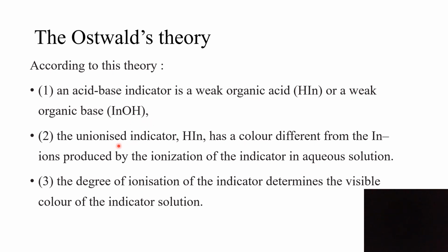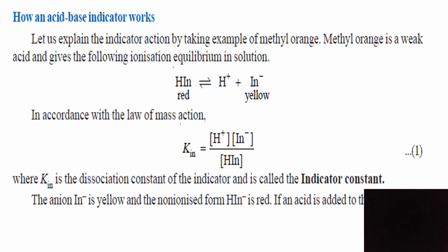The unionized indicator, that is HIn, has a different color from the In minus ions produced by the ionization of the indicator in aqueous solution. The degree of ionization of the indicator determines the visible color of the indicator solution.